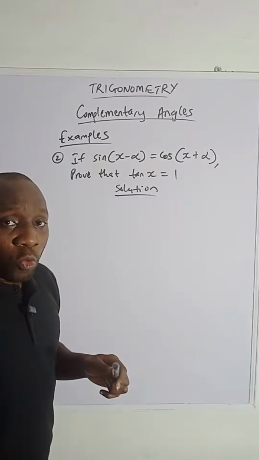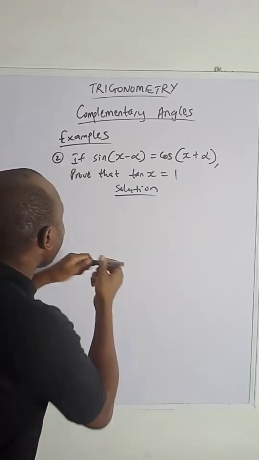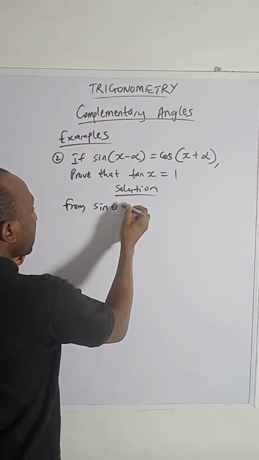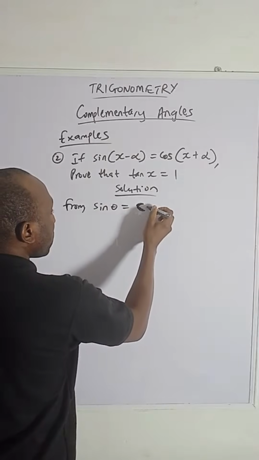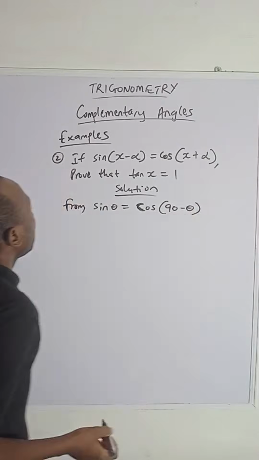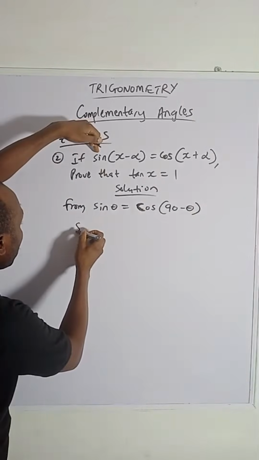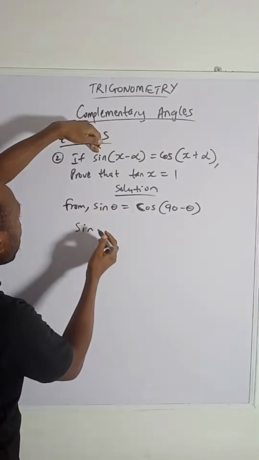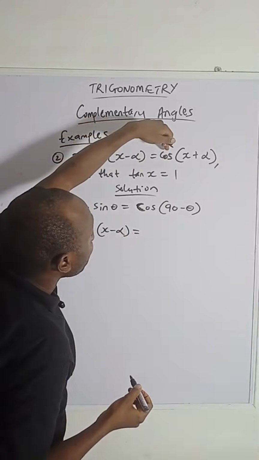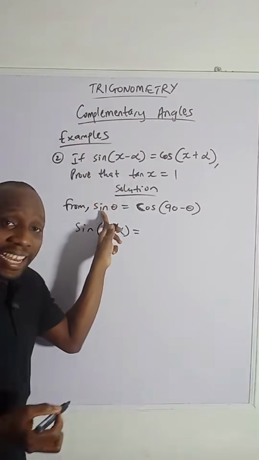So let's go back to what I said before. Sine theta is equal to what? Cos into bracket 90 minus theta. Let's use it here now. Sine x minus alpha is equal to, we need to change cos to sine.